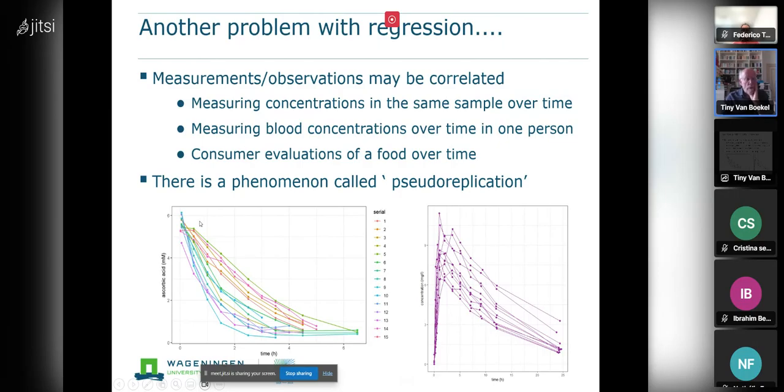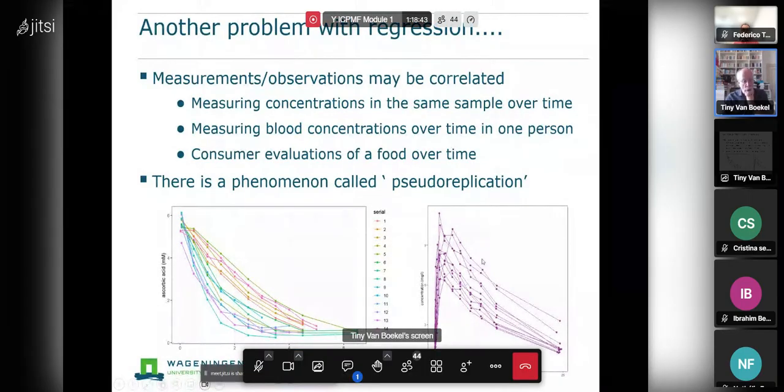If you do the same thing with bacteria, and you would sample from the same culture solution or suspension, then they are correlated. What you measure here may depend on what you have measured here. Also, in measuring these biological samples in blood, these measurements are correlated because it is the same person that you are measuring over time.